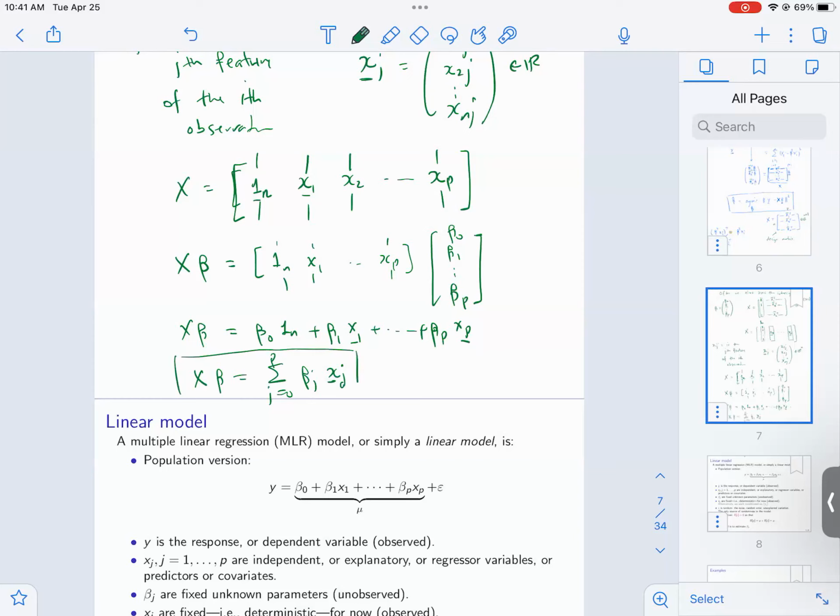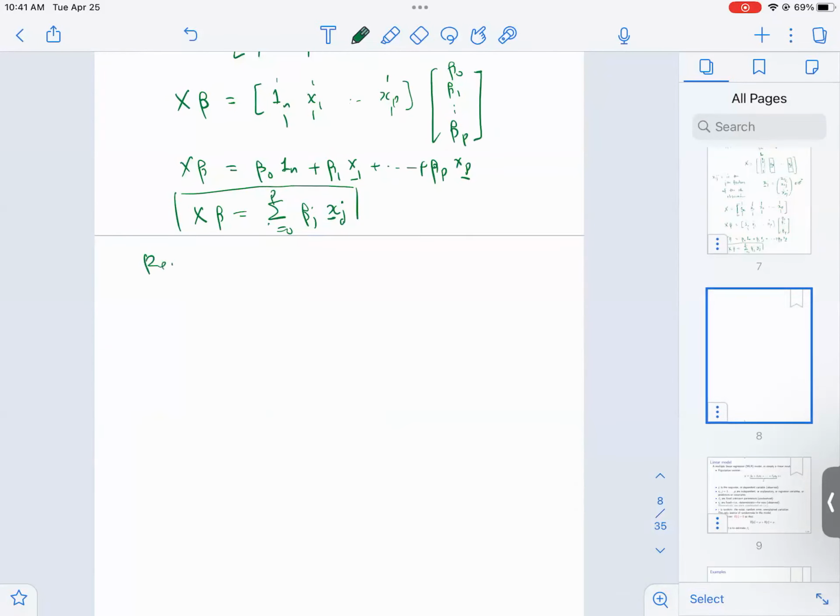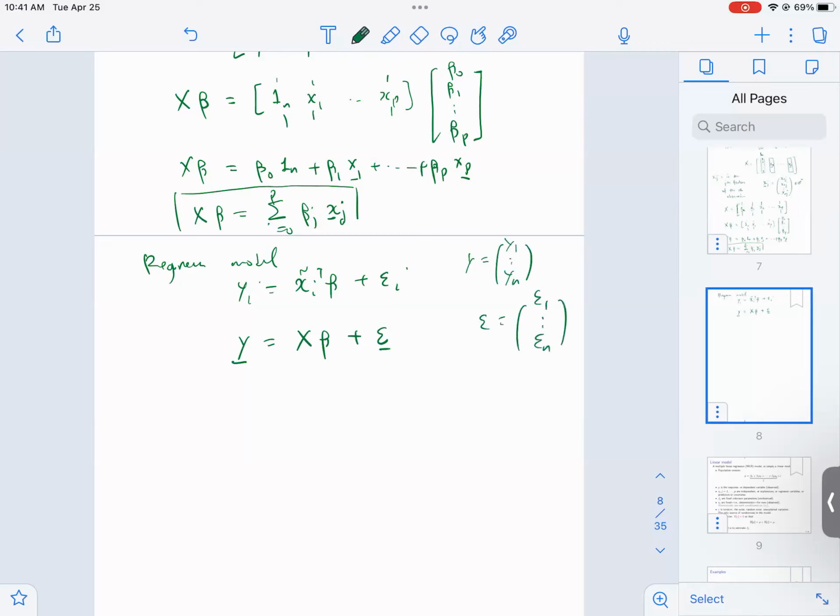Okay. And then you can also rewrite the regression model. If you remember, it was yi is equal to, now we're writing, xi tilde beta plus noise. I can write it as y equals x beta plus epsilon, where y is y1 up to yn, and epsilon is epsilon 1 up to epsilon n.